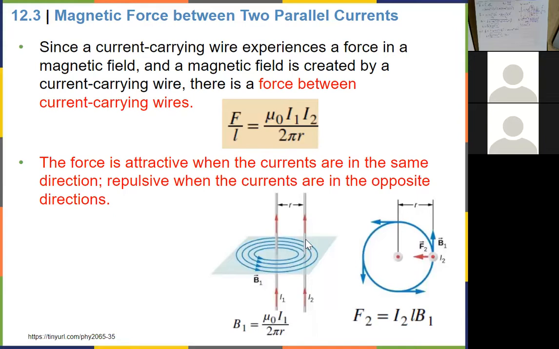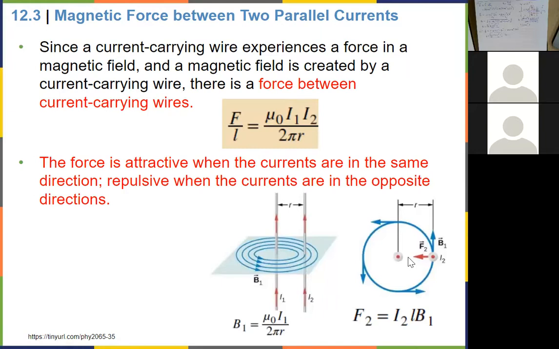Now you use the second right-hand rule, where your thumb goes in the direction of the current. F is equal to I L cross B, so this is I cross B, then this is the force. The force is therefore toward this wire.